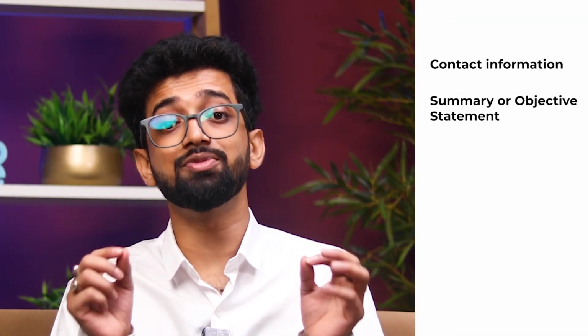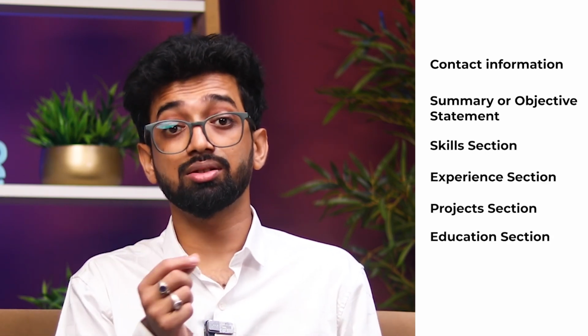I'm going to share the structure of a solid tech resume with you. It should have contact information, summary or objective statement, skills section, experience section, project section, education section, certifications and courses. Now, contact information has to be accurate because the recruiter will be reaching out to you based on these details only.